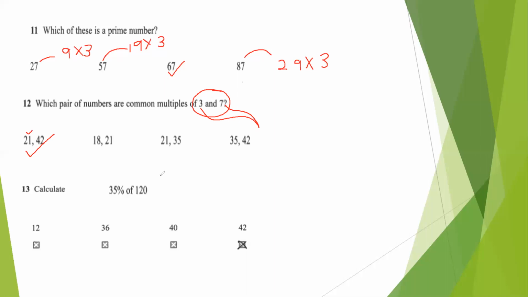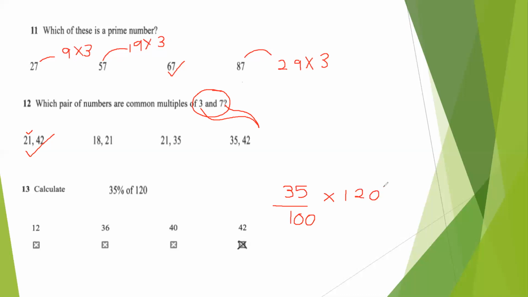The 13th question, you have to find 35% of 120. So you can write 35% as 35 out of 100. We know of means multiplication. So you can use the multiplication sign, and 120.